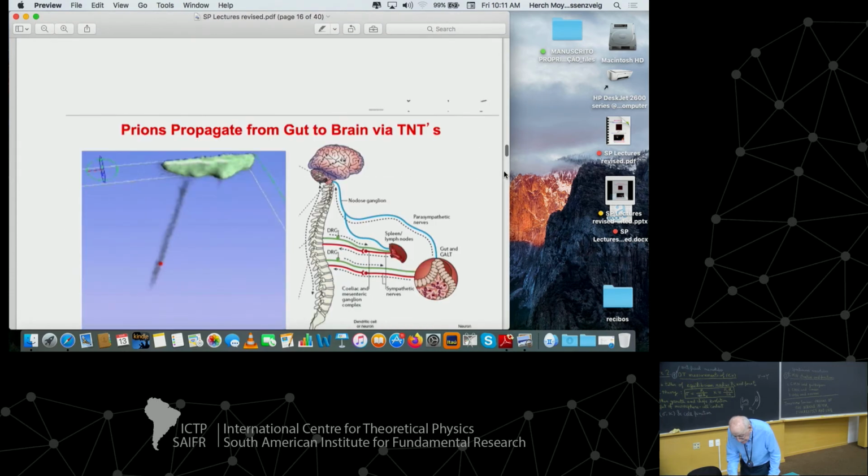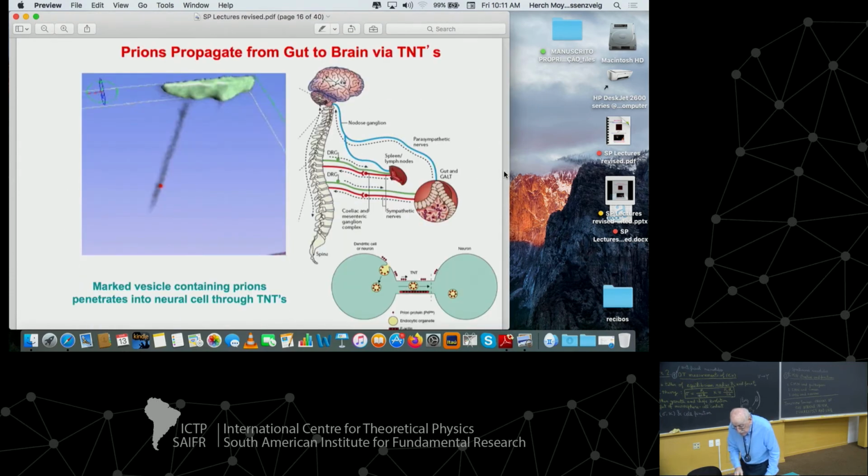Okay, now the other example with another kind of pathogen has to do with prions. And you know that prions are misfolded proteins that produce diseases like mad cow disease. Here is the path with mad cow disease.